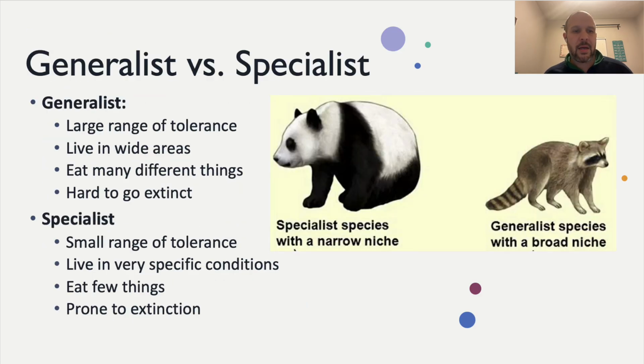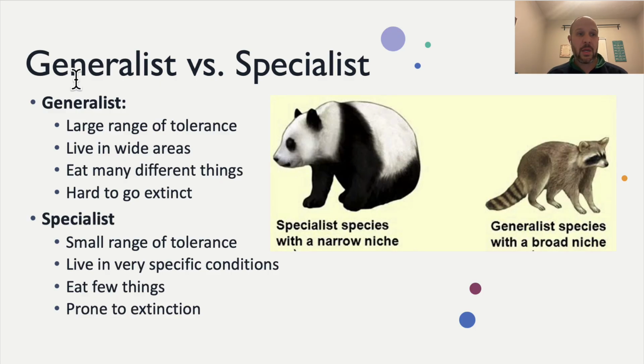The last thing, and just piggybacking on invasive species, most of those invasive species are what we call generalists. They can live in a wide range of areas, in a wide range of temperatures or conditions, or eat a wide range of foods. And so generalists oftentimes are your invasive species, and they're less likely to go to extinction. The perfect example of these things are your raccoon and your panda.